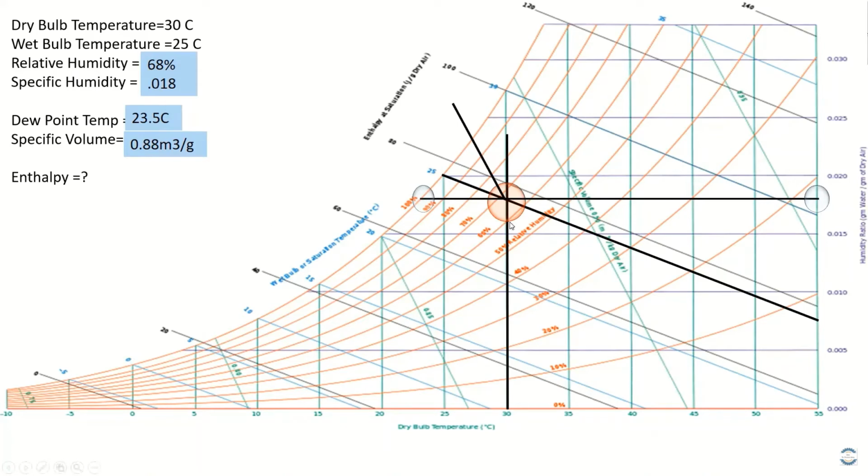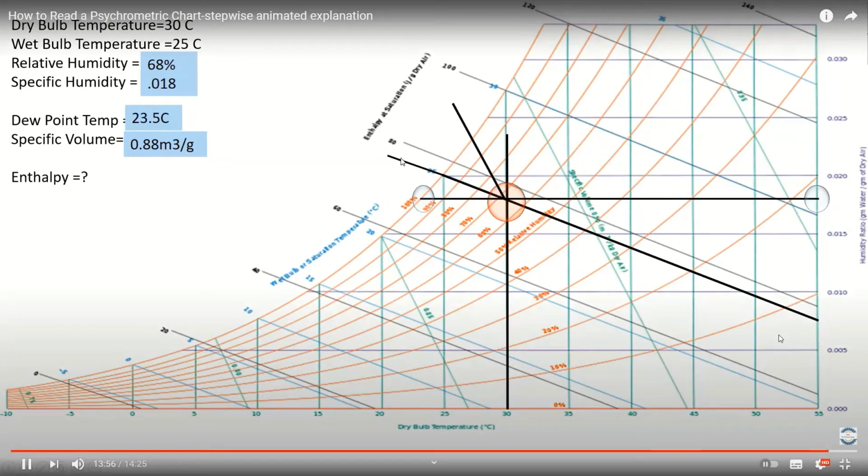Let's draw enthalpy. From the point of intersection, I will draw a line parallel to the enthalpy lines towards the scale. Then my line is between 60 and 80, but very near to 80. So my enthalpy is around 75 joule per gram.